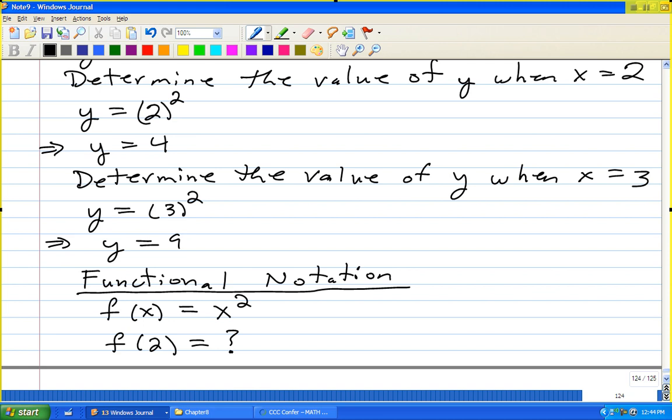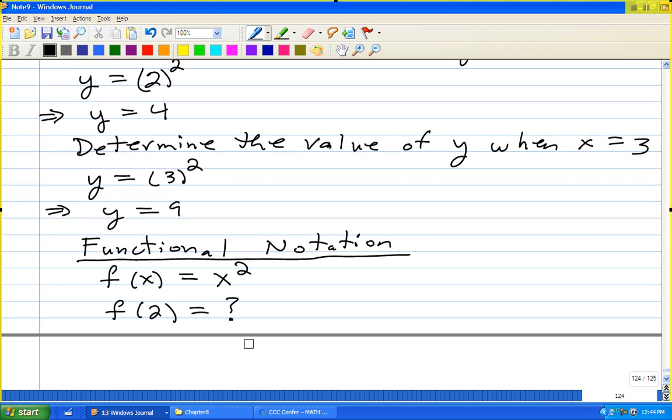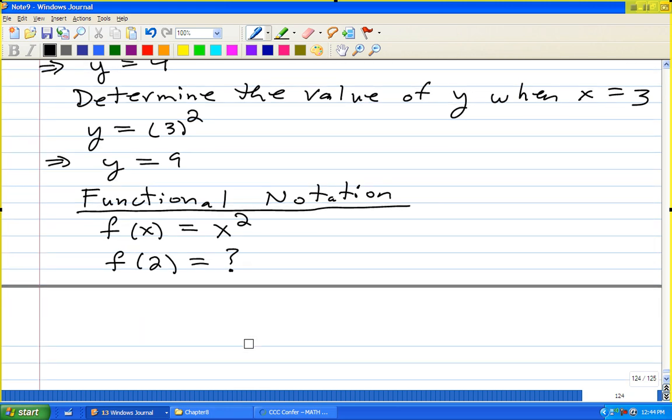And so this whole phrase, determine the value of y when x equals 2, is written in this shorthand functional notation. The way we would find it is exactly the same way we did above to figure out f at 2.